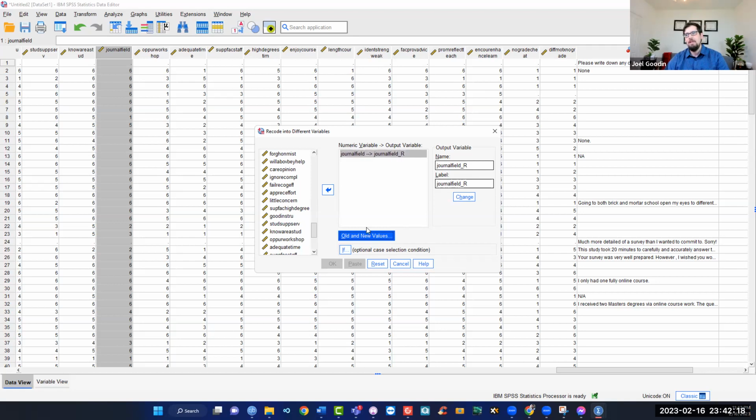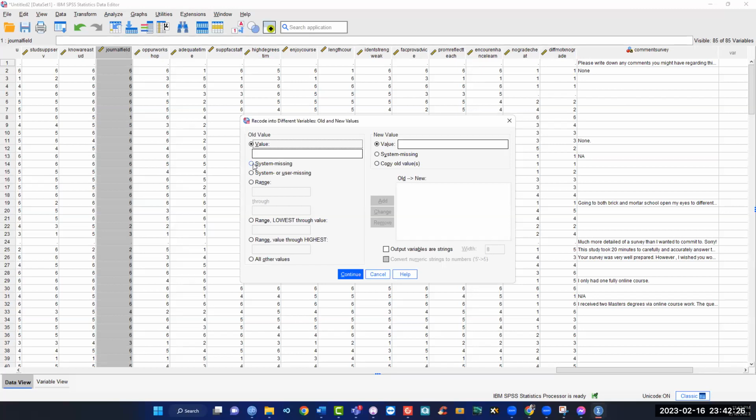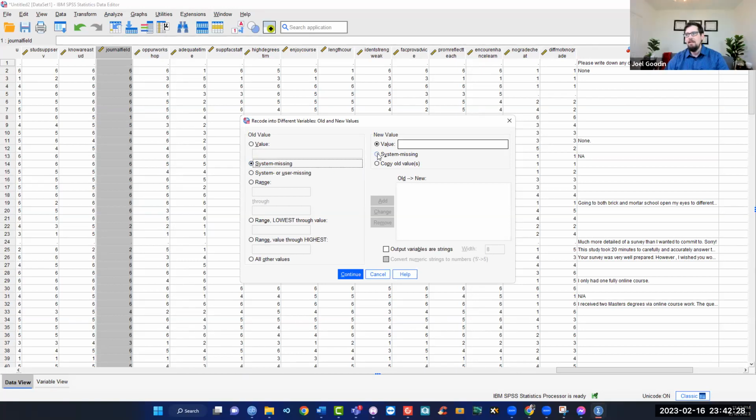So how do we get that 1 to become a 6, and that 2 to become a 5, etc.? Well, we go into system missing. If it's a missing item, it should stay a missing item. System or user missing should become system missing, and zeros should be zeros. Now values, 1 should become a 6, assuming it's a 6-point scale.